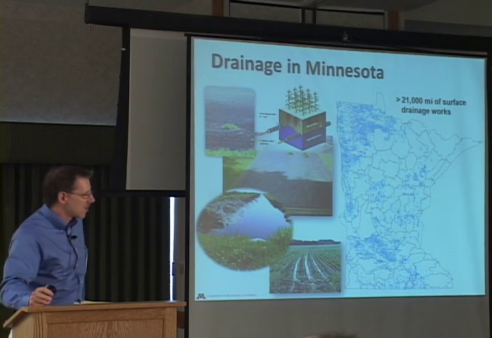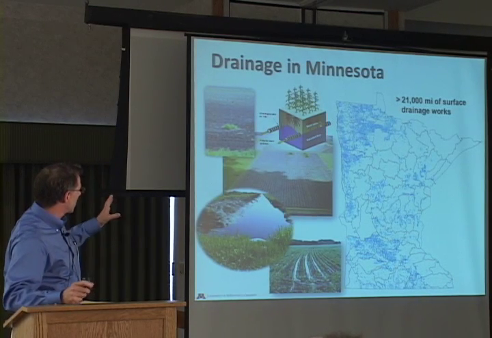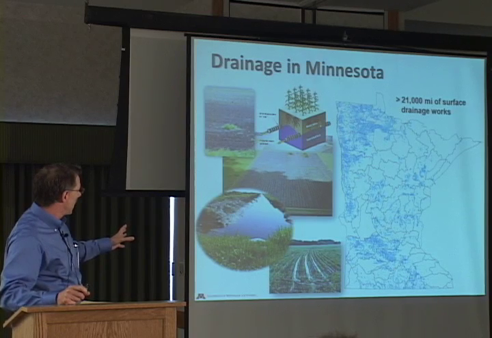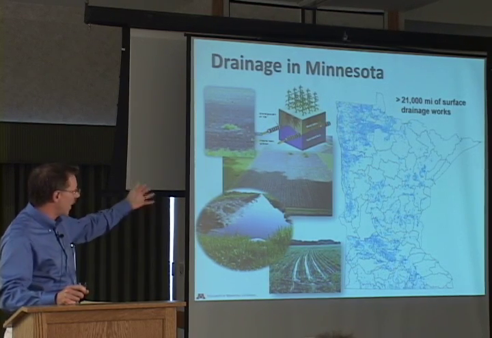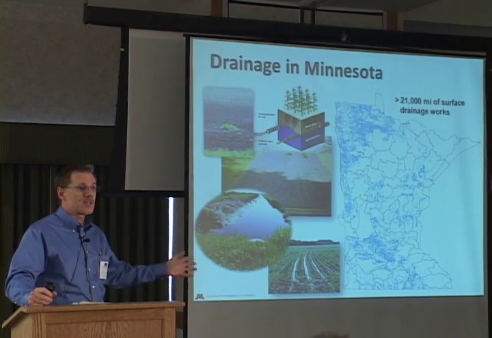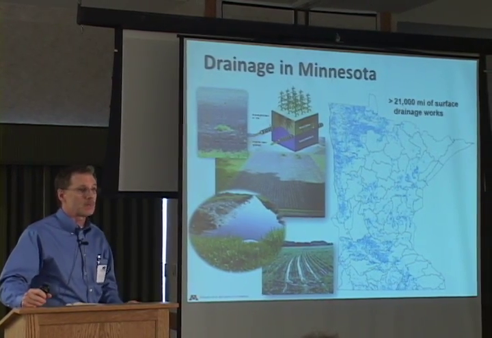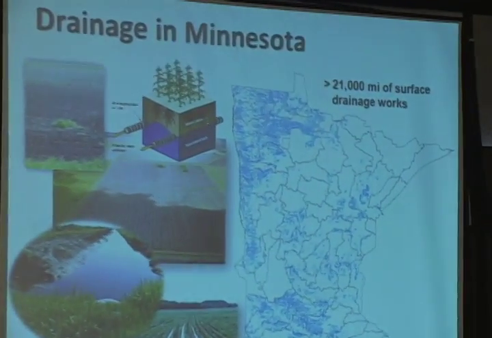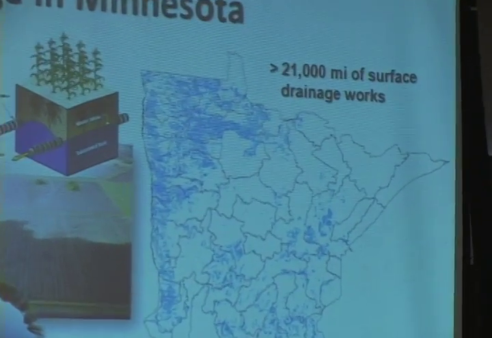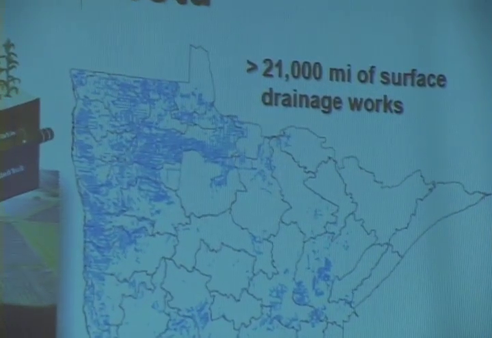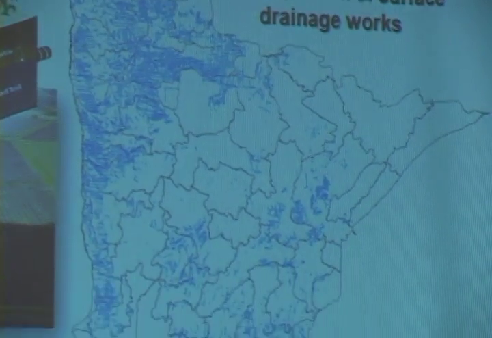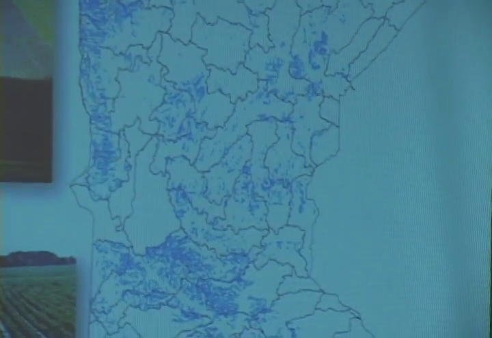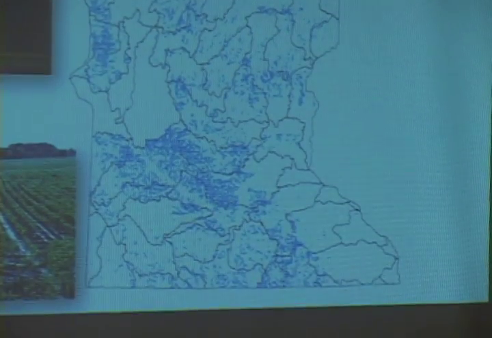But the more difficult question, that we'll get to in a second, is as we look at Minnesota, of course, the blue areas here highlight all the channelized streams and ditches, not all of them, but most of them in the state. More than 21,000 miles of those features, plus all the subsurface drainage features. So of course, no one in their right mind would believe that all of this drainage activity in our state and throughout the upper Midwest doesn't affect hydrology. Of course it does.